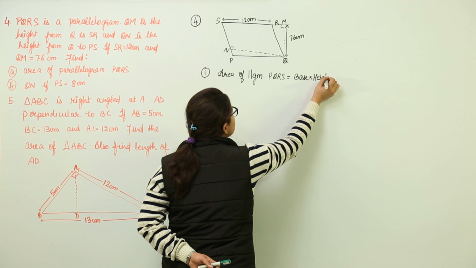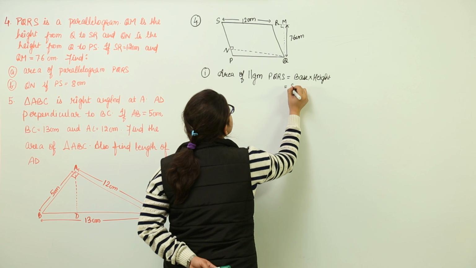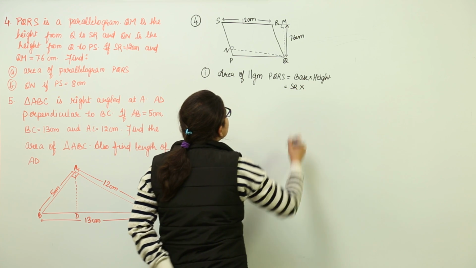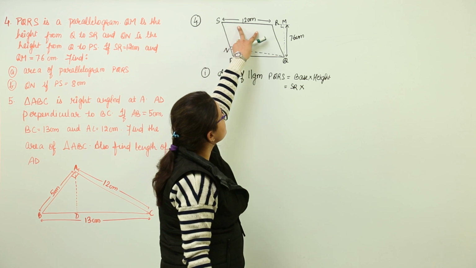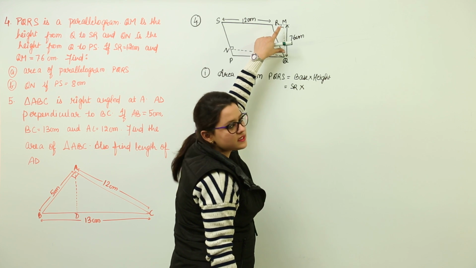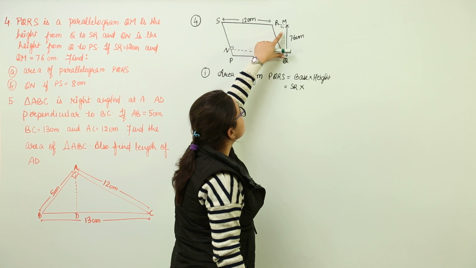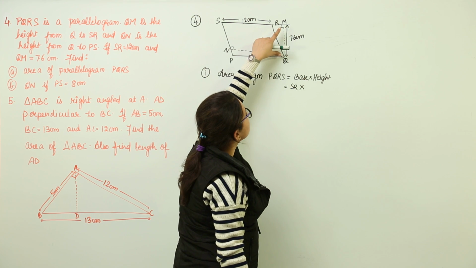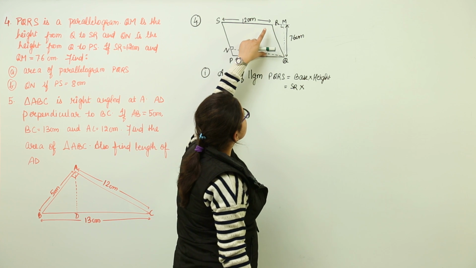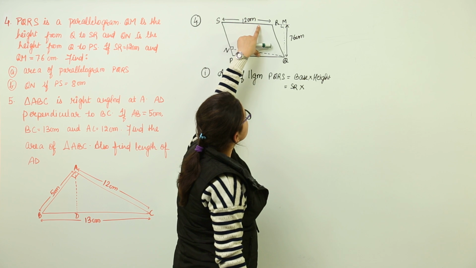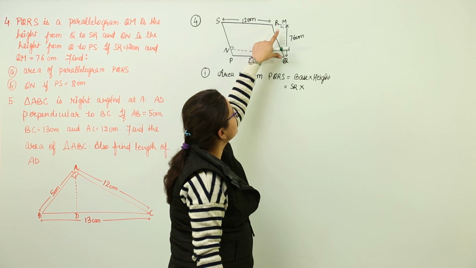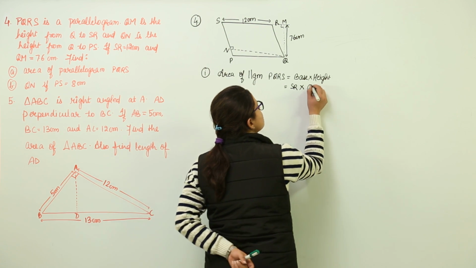And what is the base? If you take SR as the base, the height for SR is going to be QM only. As I discussed with you, it does not matter whether the height falls outside the shape or not, because the point Q is going to be at the same distance from SR all over, right? So we can represent QM as the height.